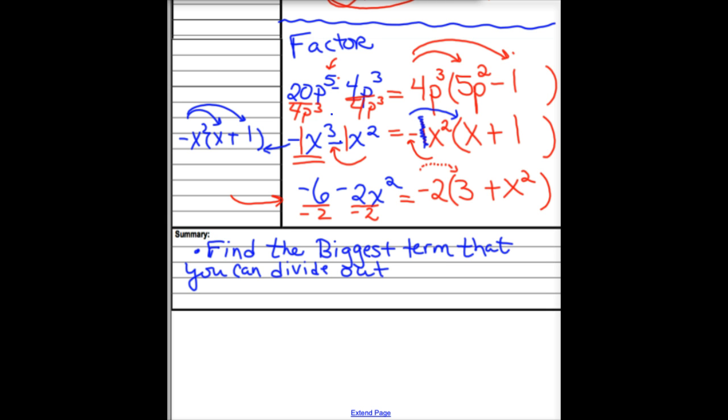You pull that out front of the parentheses, and then you need to divide it out to figure out what goes back in. Before you ask me for the worksheet, I want you to do this one.